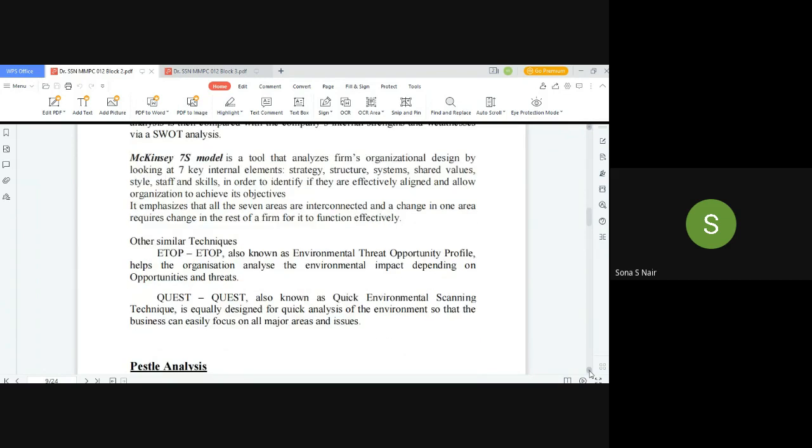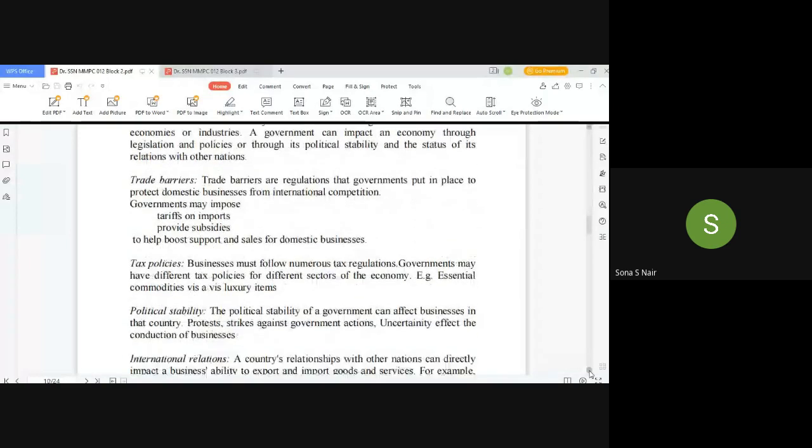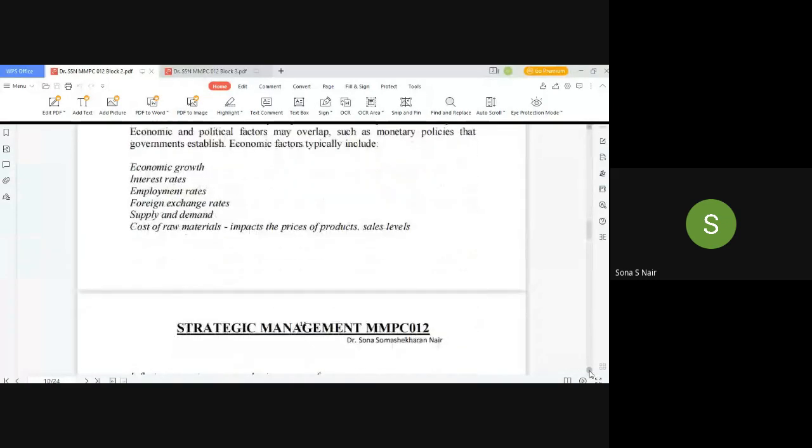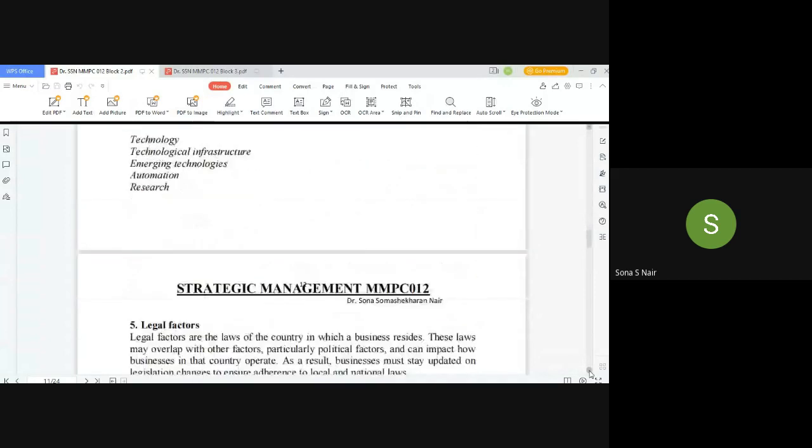There was the 7S model of McKinsey, which makes us evaluate the internal environment and design of the organization, and find out whether we would be in a position to fit what the environment is offering at the moment, whether opportunities or threats. We discussed in detail the various factors, and then also the SWOT analysis.